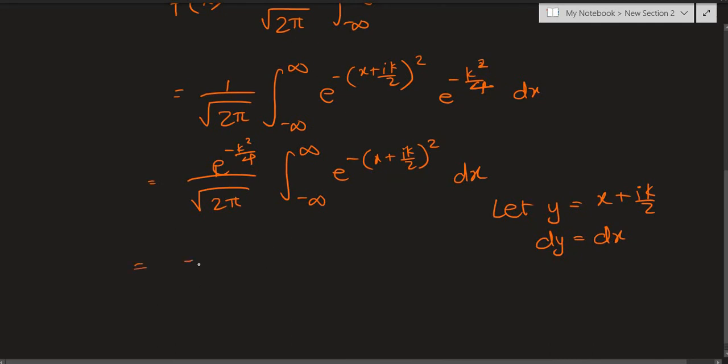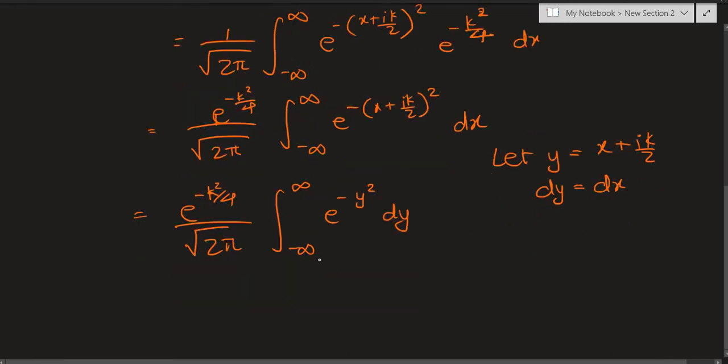So we finally obtain e raised to negative k squared over 4 divided by square root of 2 pi times, now the lower bound is going to be the same because if you add something to a very small number, it's still going to be a very small number. Upper bound is still infinity because if you add something to infinity, it's still going to be infinity. e raised to negative, now this is going to be y squared, and dy.